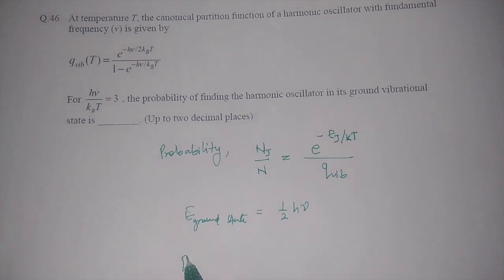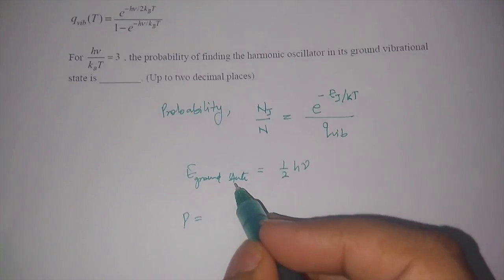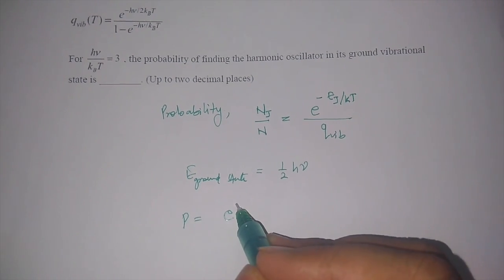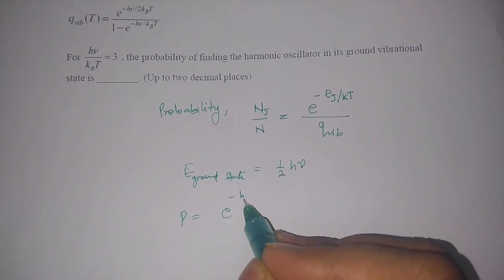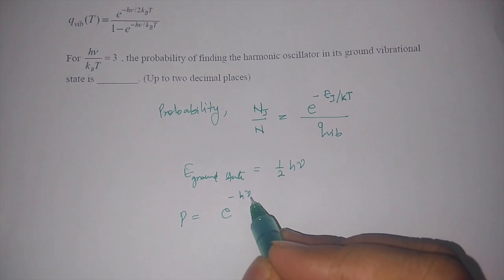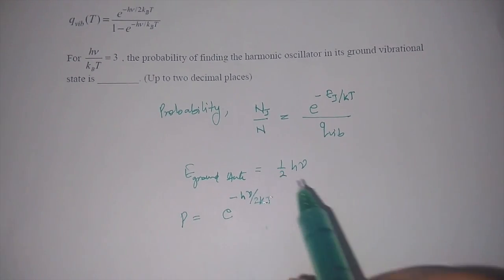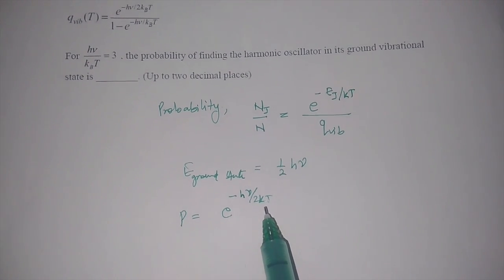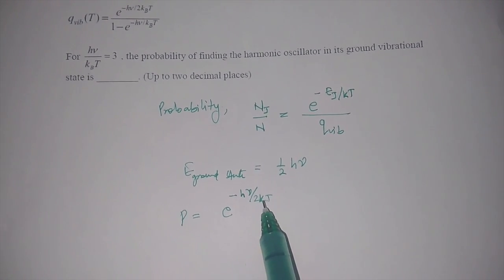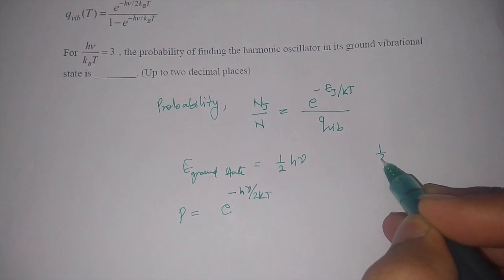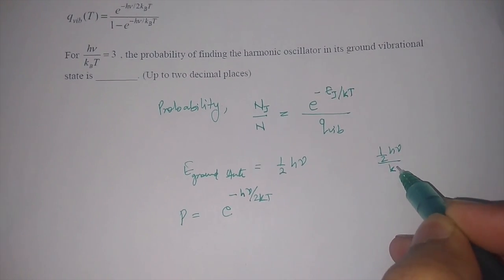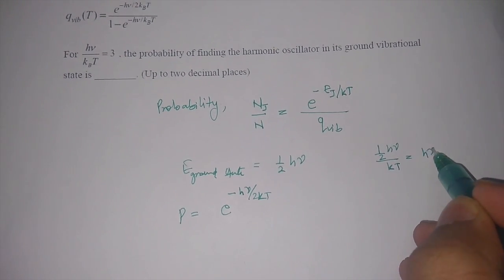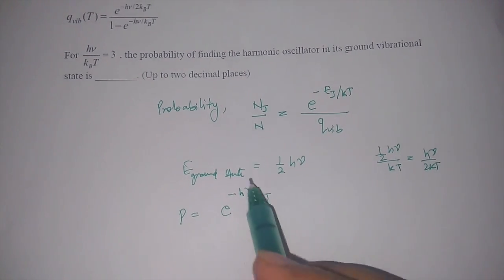So the probability will be given by e to the power minus h nu by 2 kT. How does it become that? Because if you write half h nu by kT, that is the same thing as h nu by 2 kT. So that's what I have written, okay?